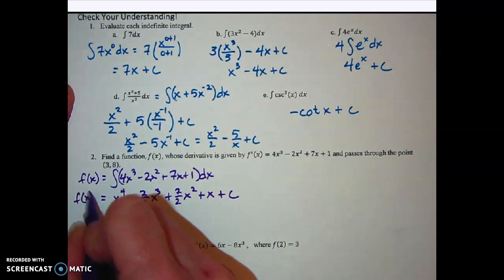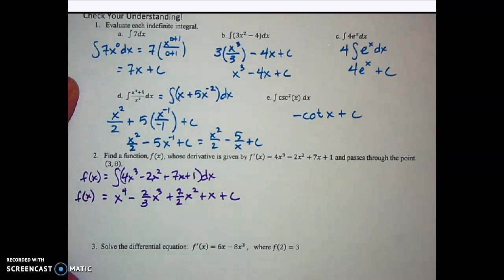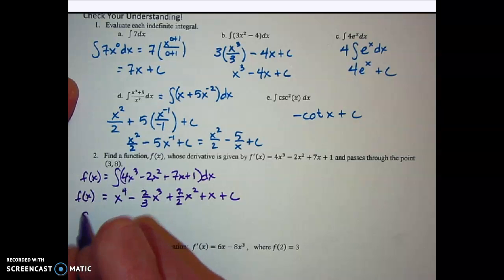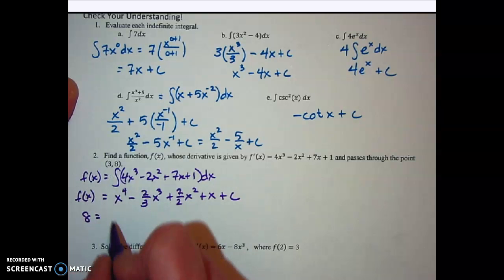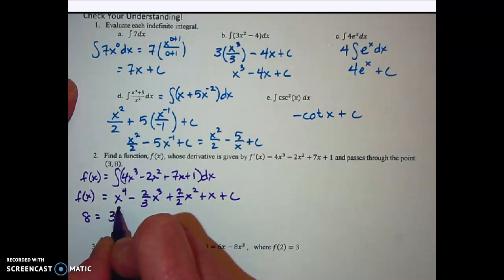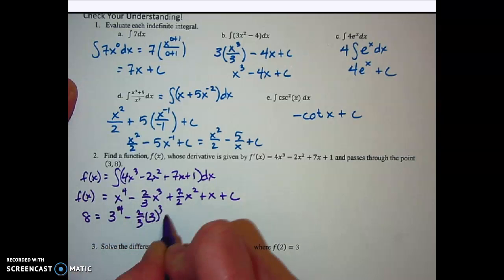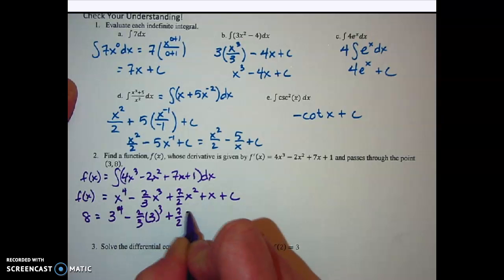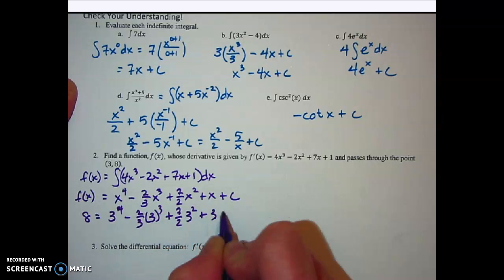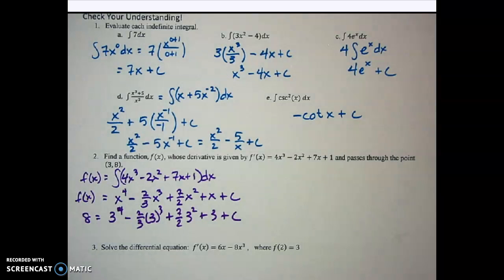With a little practice and a little time, hopefully you got that was what the f of x is. But now we're given an initial condition. So my f of 3 is 8, and I'm going to plug in 3 for all my x's. And I can go ahead and solve that equation for c.